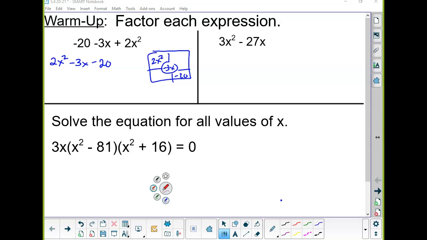So when I multiply the corners, I end up with negative 40x squared. And I'm thinking, what are my factors of negative 40 that add up to give me positive 3?